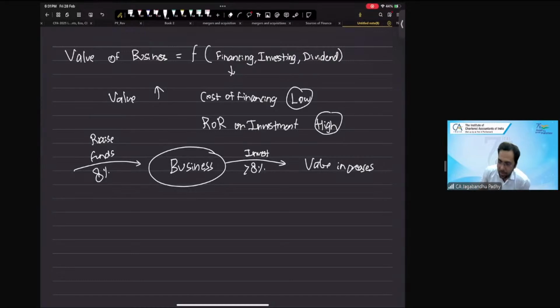Right, guys? As the funds are raised, the investment rate has to be higher than the rate at which you raise the funds. So if the cost of capital is 8%, the investment rate has to be more than 8%. Then only does it make sense for the value to increase. Otherwise, the valuation is going to decrease.